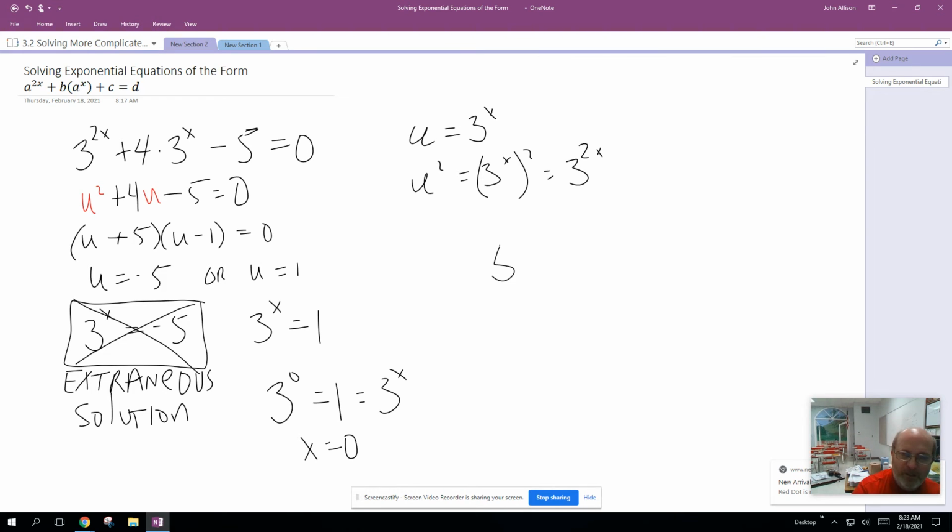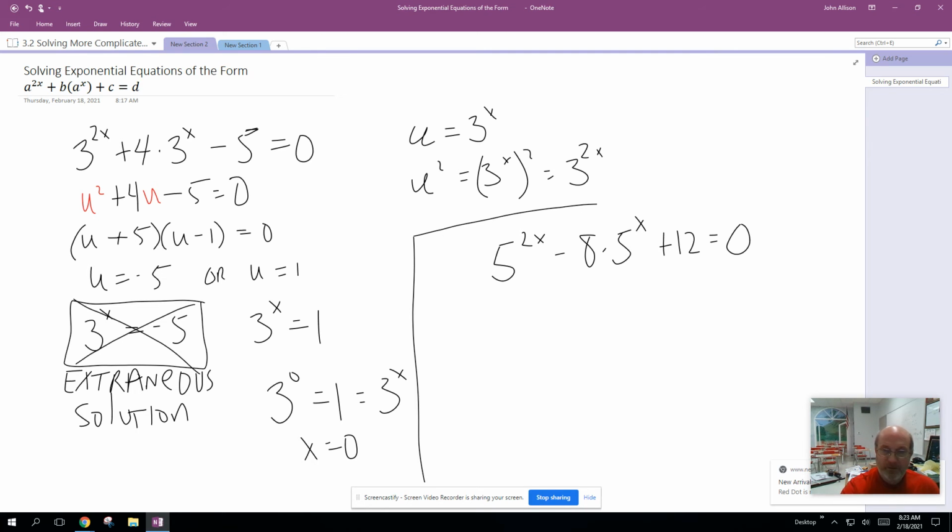Let's do 5 to the 2x minus 8 times 5 to the x plus 12 equals 0. So in this case, we'll let u equal 5 to the x so that u squared is equal to 5 to the 2x.